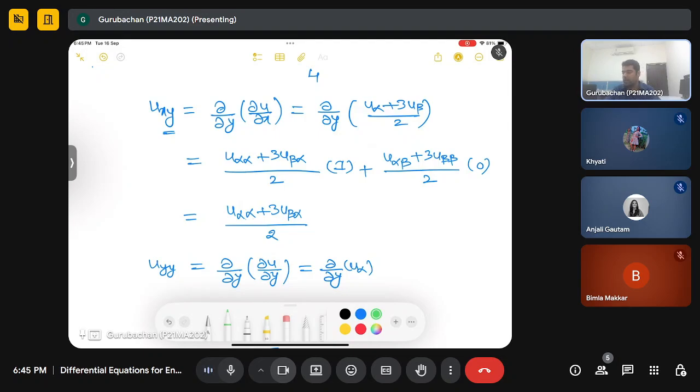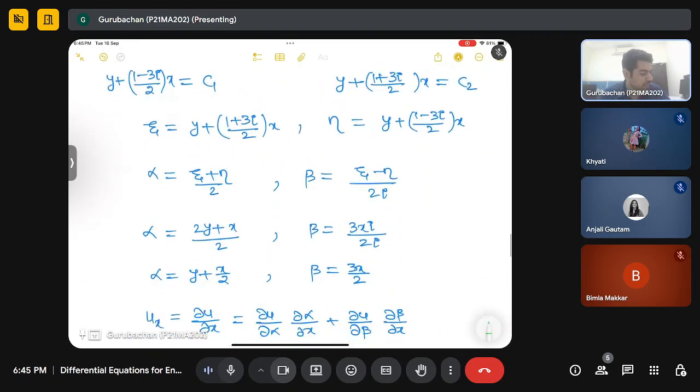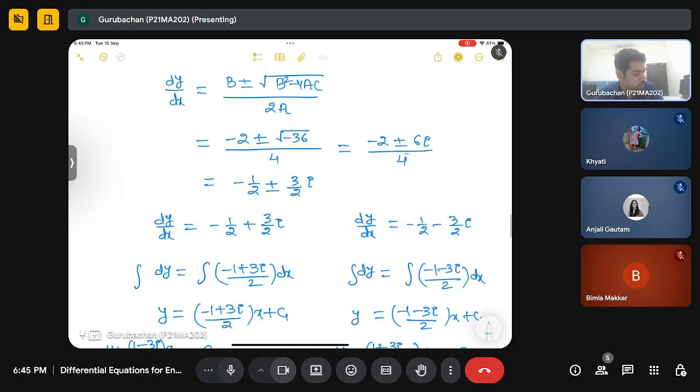Your characteristic equations and characteristic curves are these.